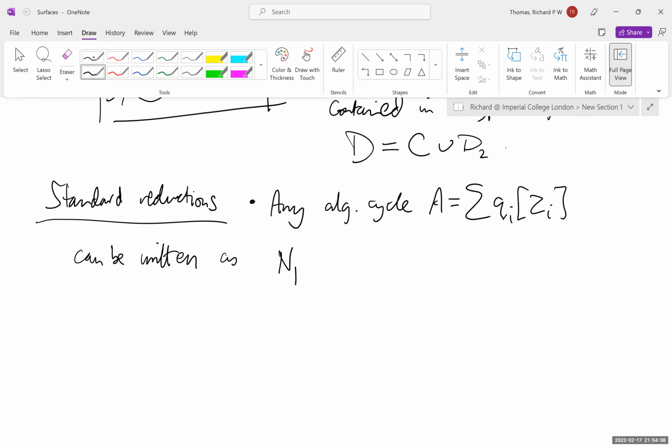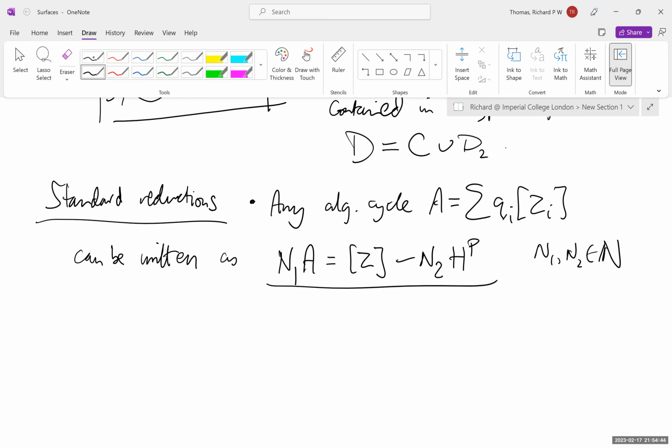After you pass to a large multiple, firstly to clear all denominators, so you don't have rational combinations, you have integer combinations. And then you pass to an even higher multiple. Then you can arrange that it's the fundamental class of an actual subvariety, so that's effective, up to some multiple of h to the p. So h, remember, was the standard hyperplane, and you intersect that p times. Okay, and here n1 and n2 are now really positive integers.